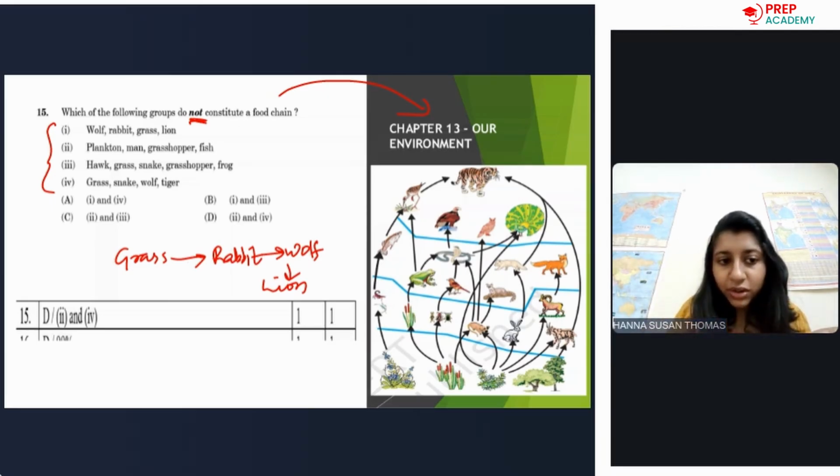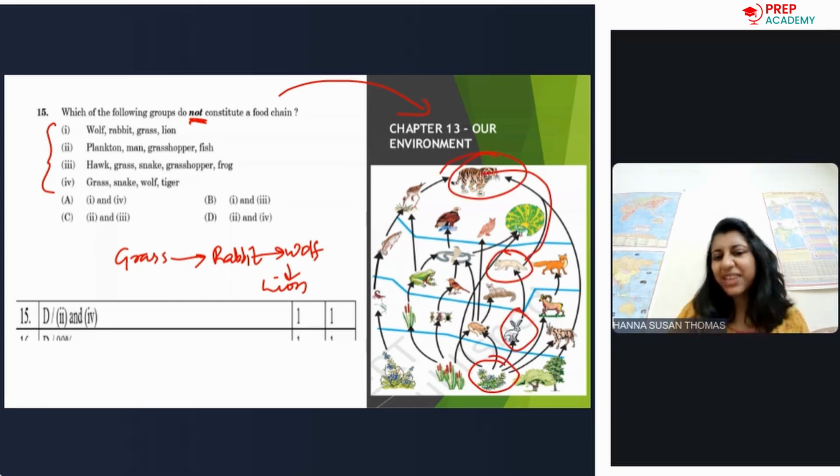So you can see from here also, grass, rabbit, wolf. It's true only because lion and tiger are examples of apex carnivores or apex consumers. So this one constitutes a food chain, but it cannot be our answer.